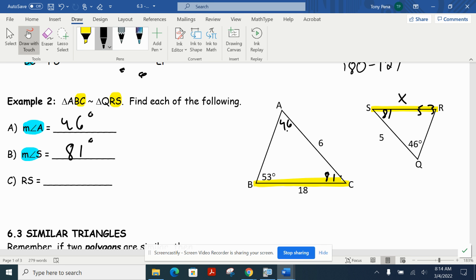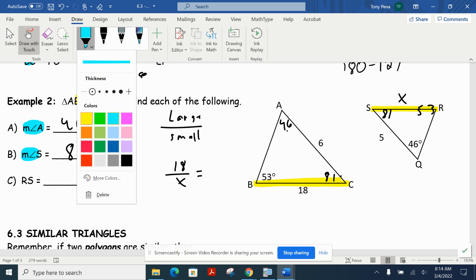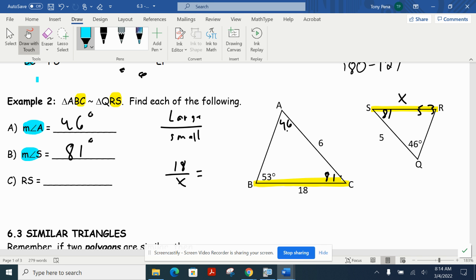It's up to you how you want to set up your proportion here. I'm going to write these as the large value over the smaller value. So for me, I'm going to put the 18 on top, and I'm going to put the X on the bottom. Again, there are different ways, as we've talked about, that you can do that. Then we need to find another set of corresponding sides. So if we look at what else we are given, in the big triangle, the other side that we know is a 6.